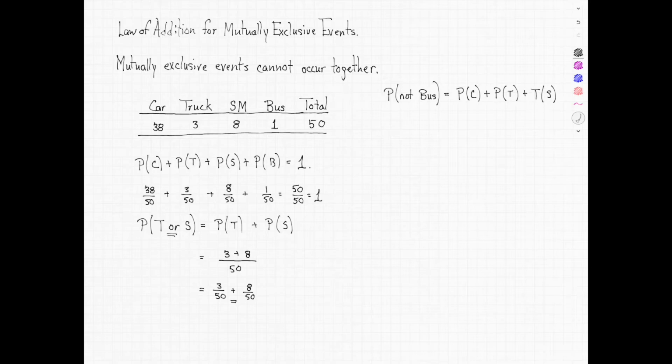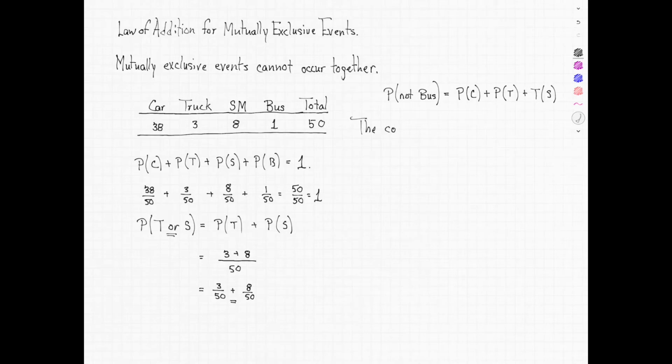But notice this. If I was to recall this, what if I said, not a bus, so everything except a bus. And so we have a special notation for that, and we call it the complement.